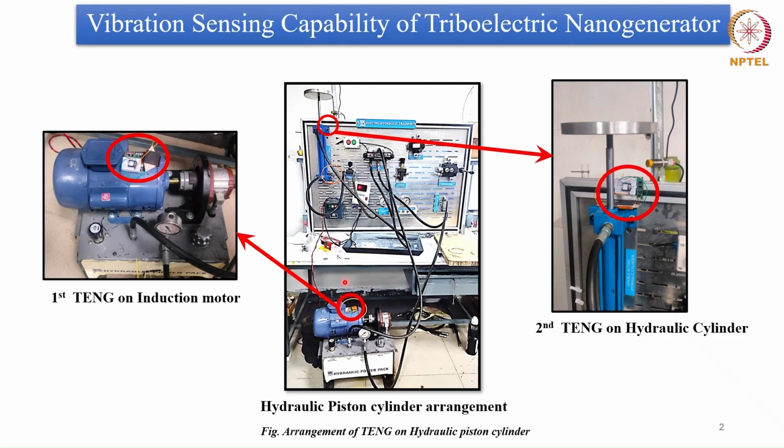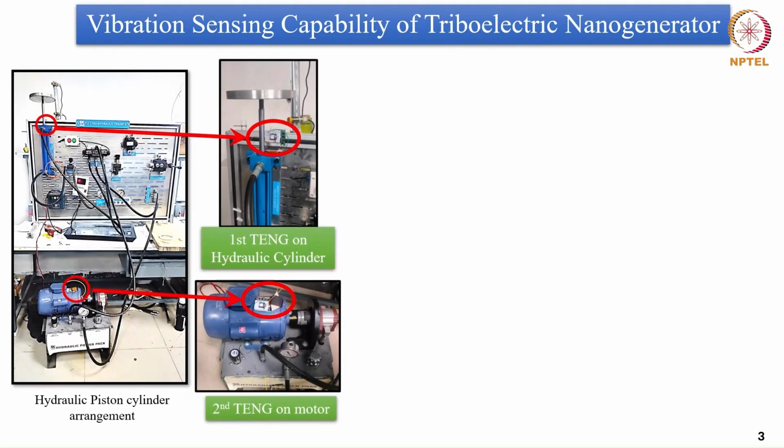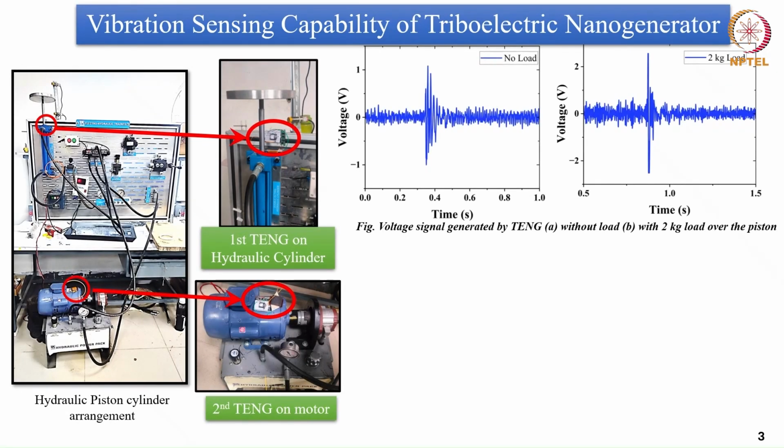Here we have implanted two TNGs, one on the induction motor and one on the hydraulic cylinder part. If we analyze the data from the TNG implanted on the piston cylinder arrangement, as the piston goes to the top dead center or the bottom dead center, we are getting vibration signals because of the change in the direction of motion.